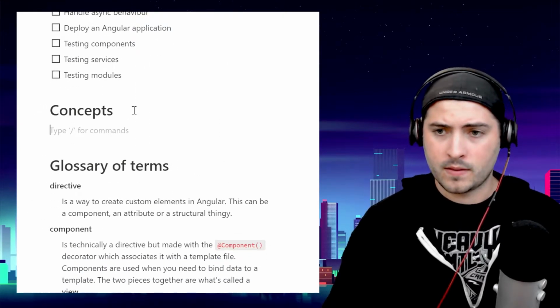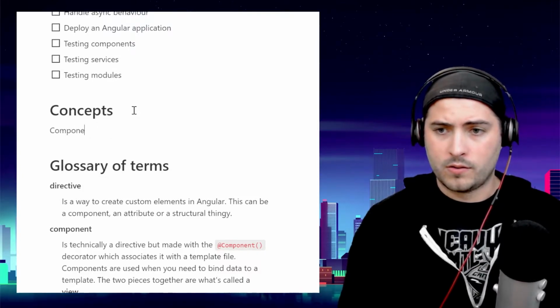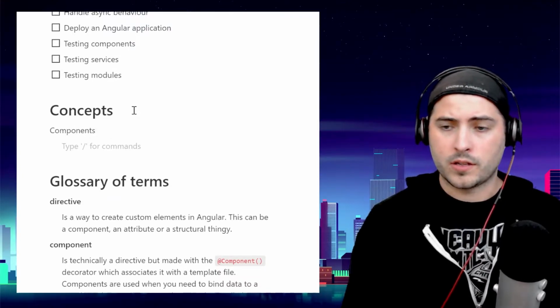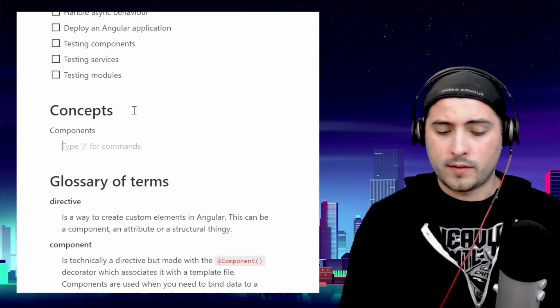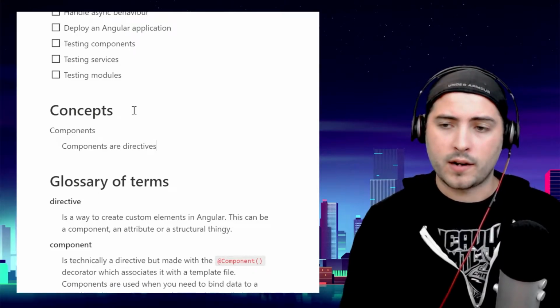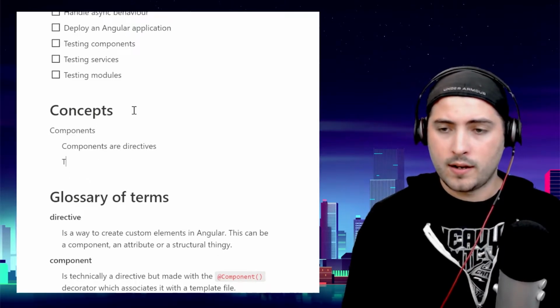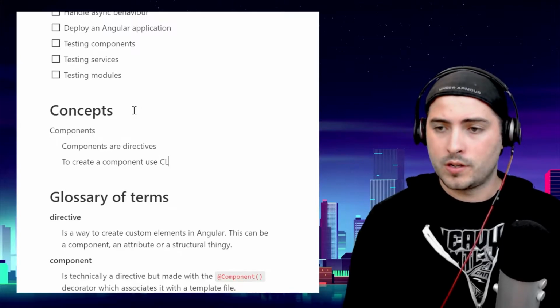I'm just going to create a section here for components. So basically, high level, I know components are directives. We kind of uncovered that in the last one. To create a component, you use the CLI.